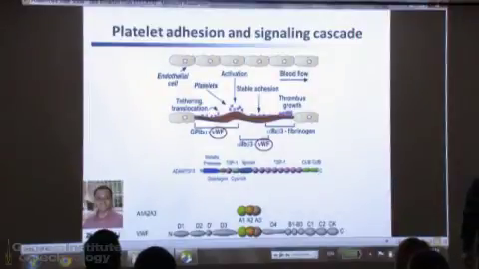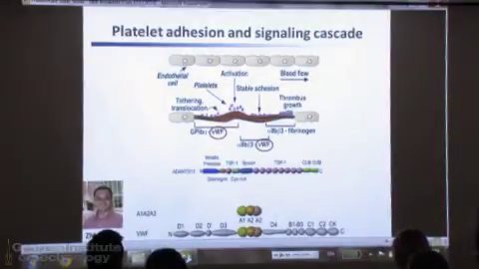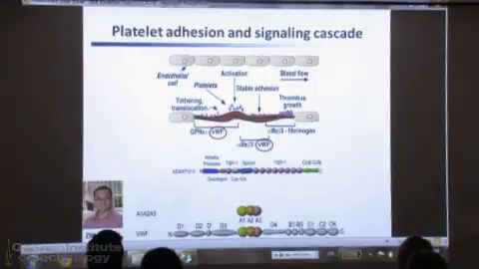Now, it's well known that the cleavage of the von Willebrand factor by ADAMTS13 occurs very efficiently in the bloodstream, not at all in a static condition. So this important function that regulates the adhesiveness of von Willebrand factor in your bloodstream is regulated mechanically.